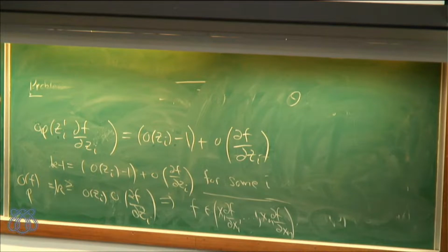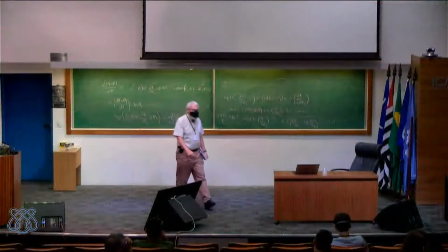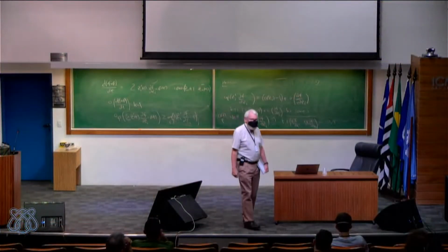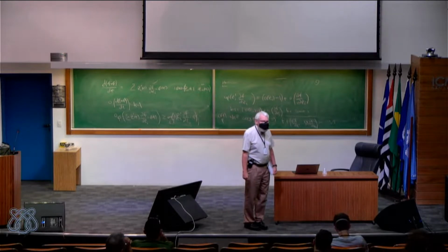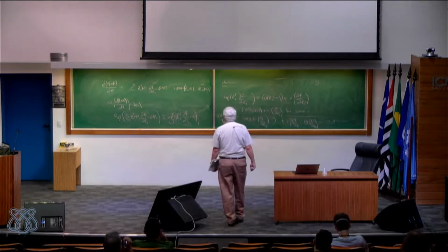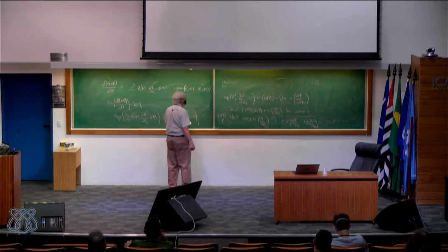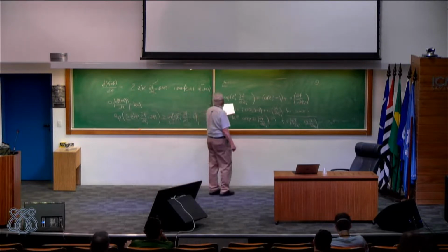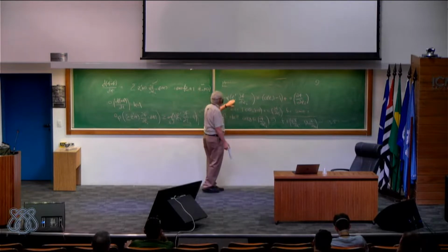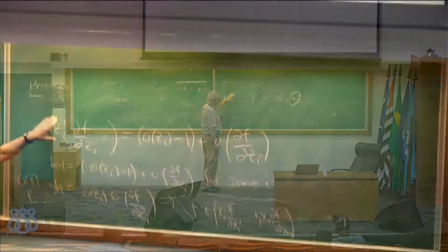Question? So let's see here. We had that this was greater than this, so I took the smallest one here. To get this one, you want to realize that the order of the product is the sum of the orders.